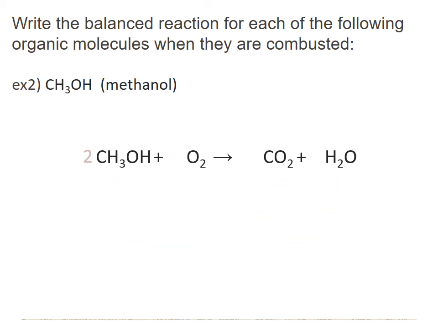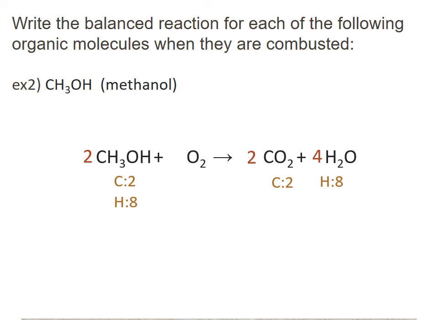So I place a 2 in front of the methanol. That will give me 2 carbons. And to get 2 carbons on the product side, I will need 2 carbon dioxide molecules. The 2 methanols give me 8 hydrogen. To get 8 hydrogen on the product side, I will need 4 water molecules.